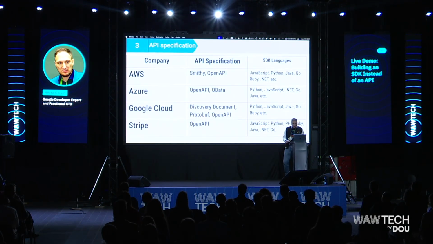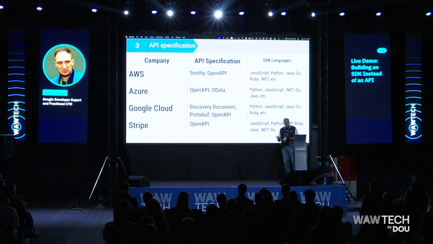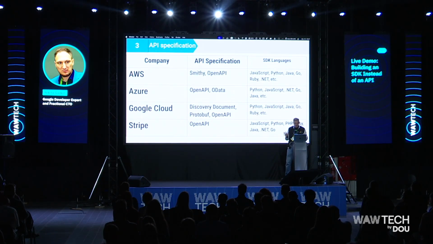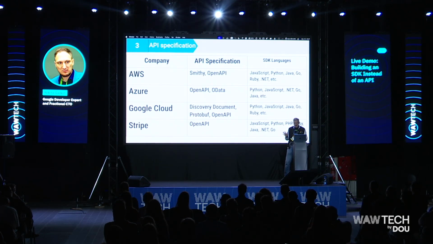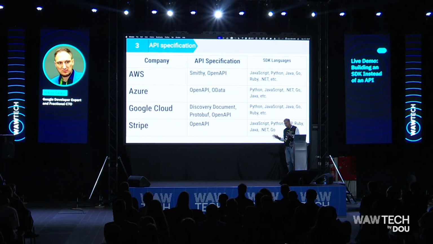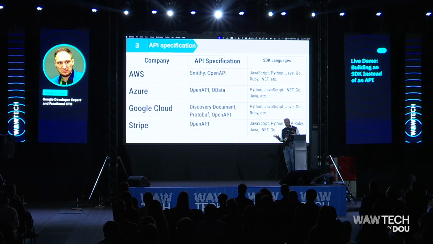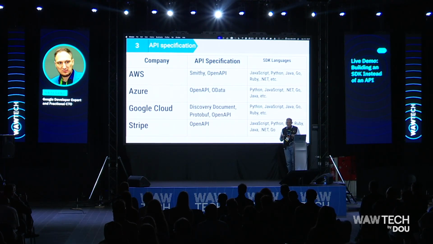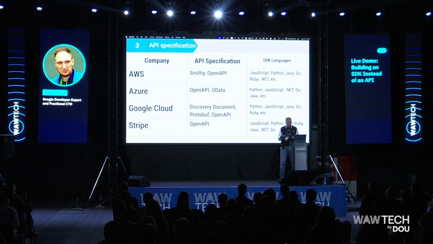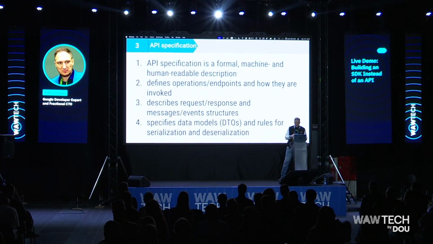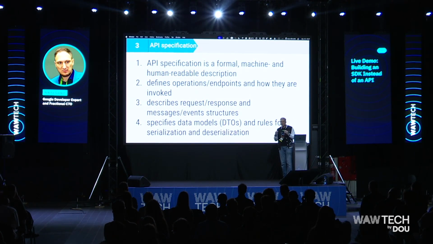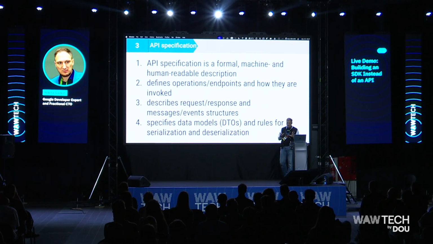Okay, so the API specifications we see from different big companies are on the screen. API specification and SDK are different, because an SDK is code that you can run. A specification is what humans and machines can read, not run, just read.